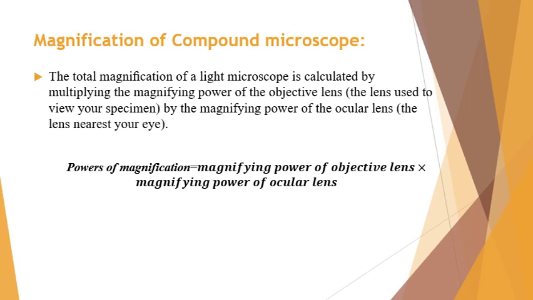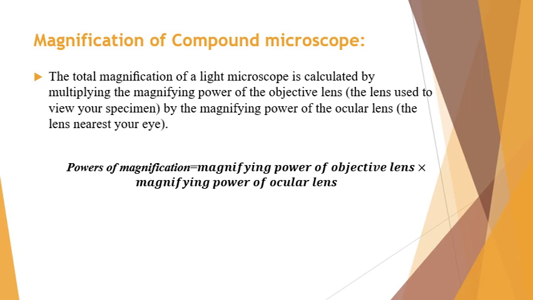The total magnification of a light microscope is calculated by multiplying the magnifying power of the objective lens, the lens used to view your specimen, by the magnifying power of the ocular lens, the lens nearest your eye. So the formula for power of magnification is here.